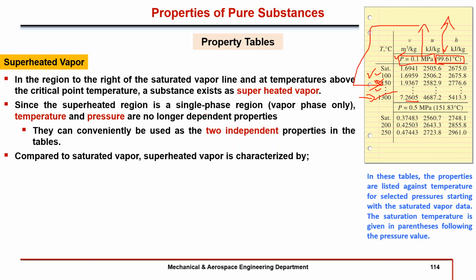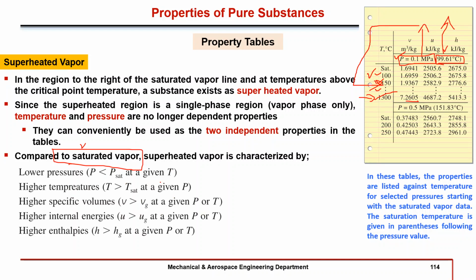Now we are comparing this with saturated vapor. How can we know that this vapor is superheated or not? As compared to saturated vapor, this is the criteria. If your pressure is lower than the saturation pressure at a given temperature, you are in the superheated region.